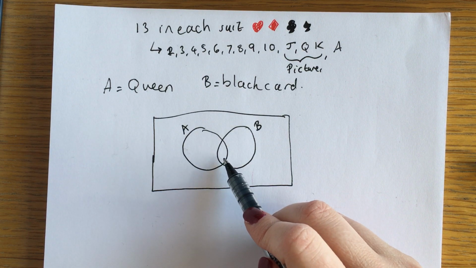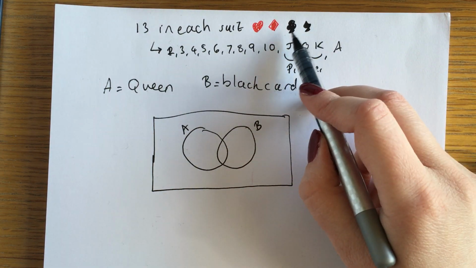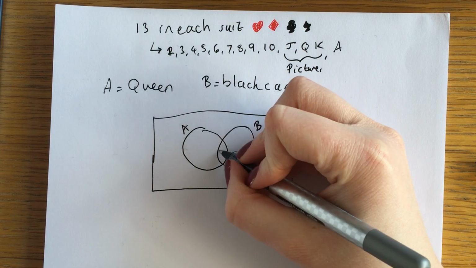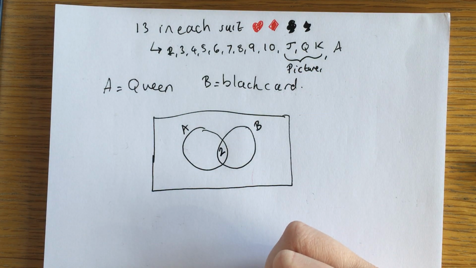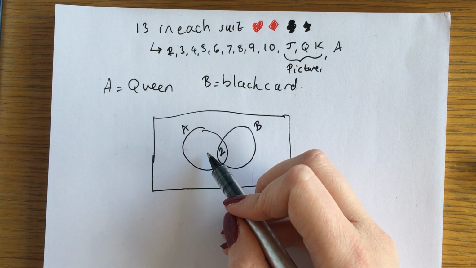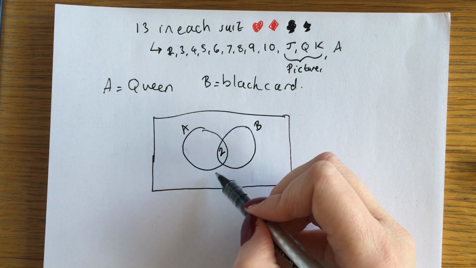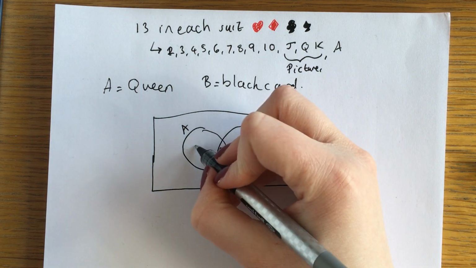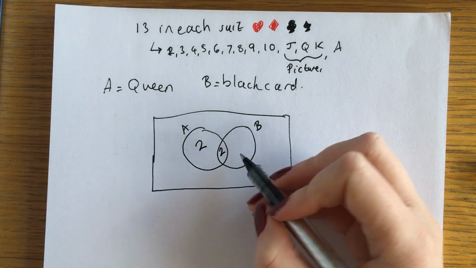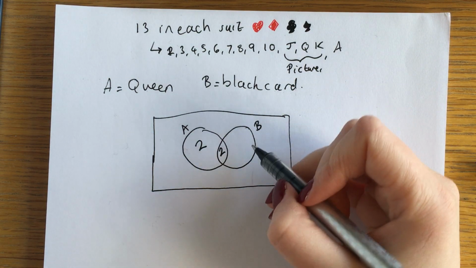Let's do the intersection first. So there's 2 black suits and there's a queen in each one. So there's 2 cards that are queen and black. There are in total 4 queens, 2 red and 2 black. So there must be 2 that are not black cards that are also queens.